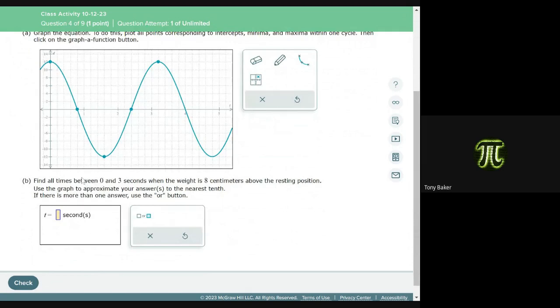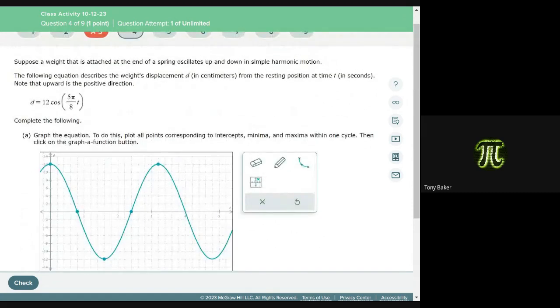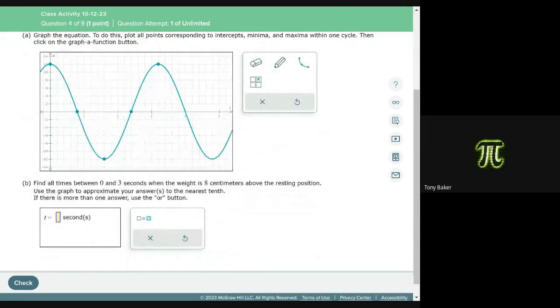The next question says, find all times between 0 and 3 seconds when the weight is 8 centimeters above the resting position. So the resting position's at 0. So they want to know all the places where it's going to be 8 centimeters above that. So here's how I would do this one.